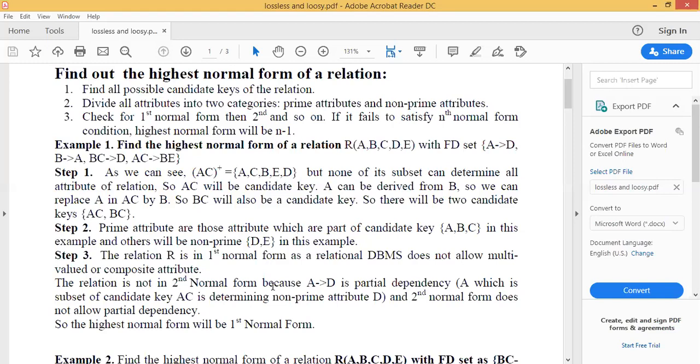The relation is in first normal form because this relation does not allow multi-valued or composite attributes.